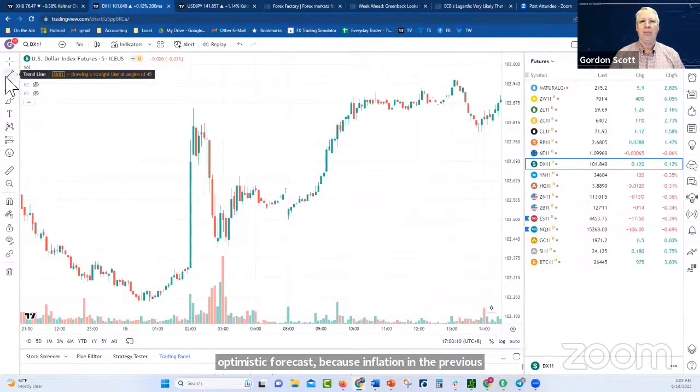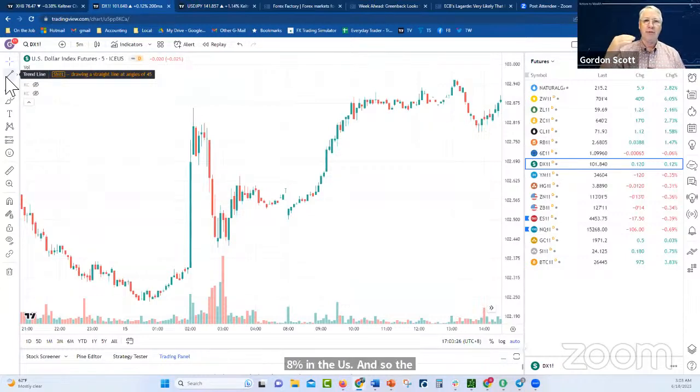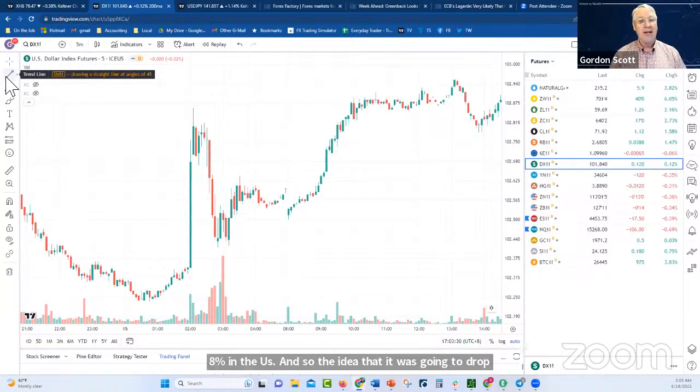So a 0.7 drop in just one month for the annual looking-back rate of inflation. Just a year ago, inflation was in the 8s, right? 8% in the US. So the idea that it was going to drop from 4.8 to 4.1 was a very optimistic forecast. But in fact, the market came along and beat that with 4.0.